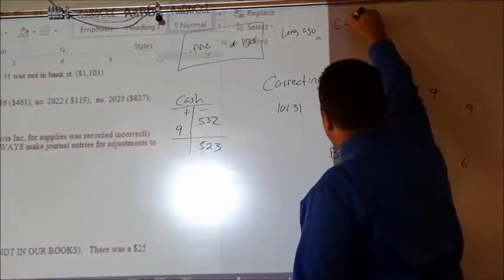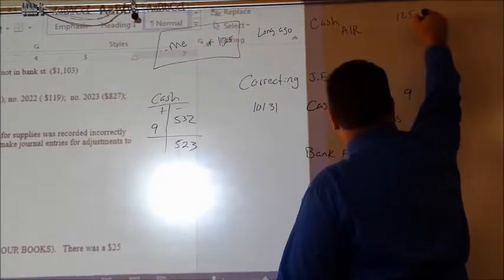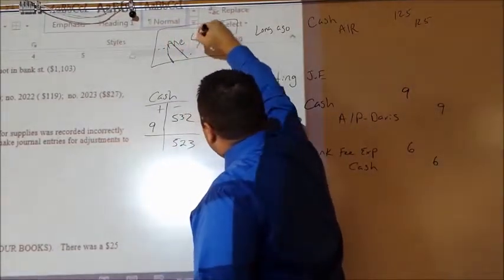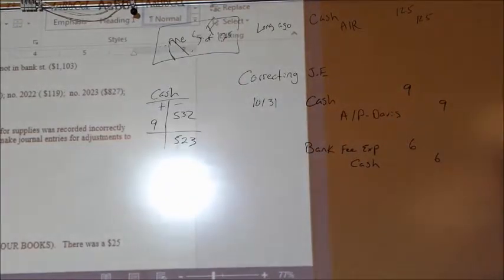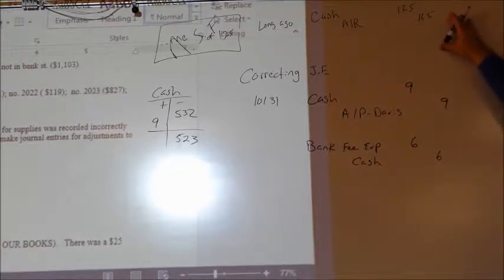So I said, oh good, cash $125, credit the receivable. And it comes back and I see it on the bank statement. I need to do an adjusting entry to show that this entry didn't really happen.